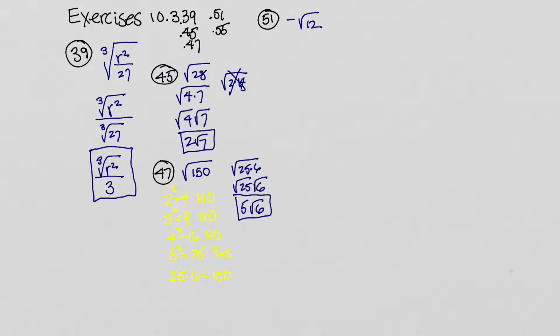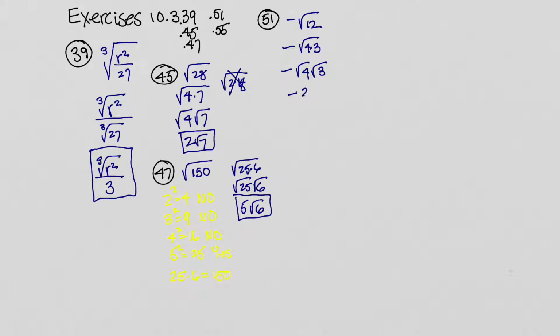Now in number 51, what we have here is the negative of this number. Well, 12, I know I can break down into two numbers, one of which I know the square root. I can write this one as negative the square root of 4 times 3. You know what, let's write that so we can actually read that negative sign. Negative square root of 4, square root of 3. The square root of 4 is 2.